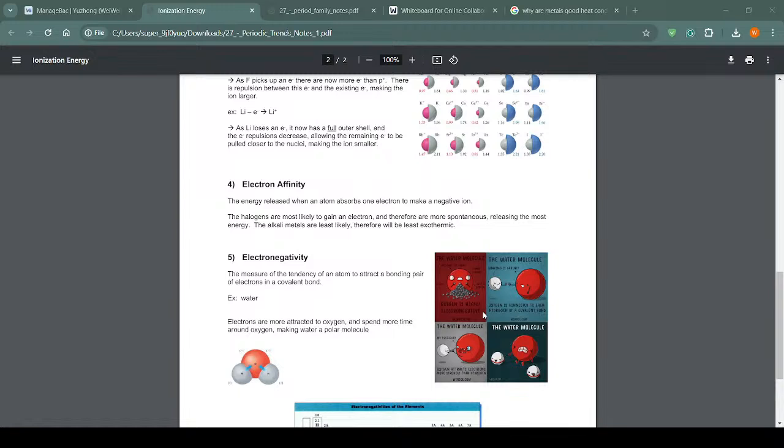Strong said we have to? Oh, that's annoying. Oh well. Halogens are most likely to gain an electron, releasing the most energy.